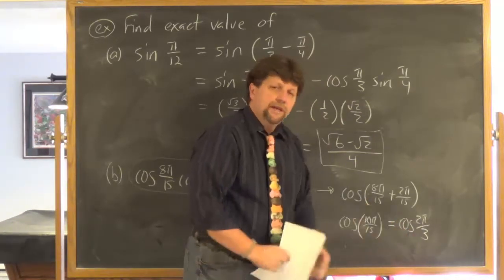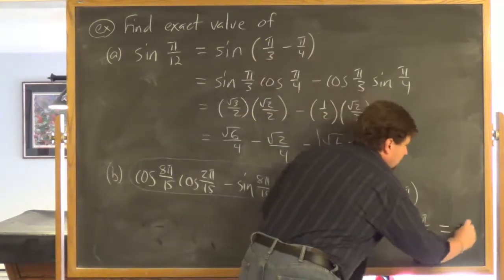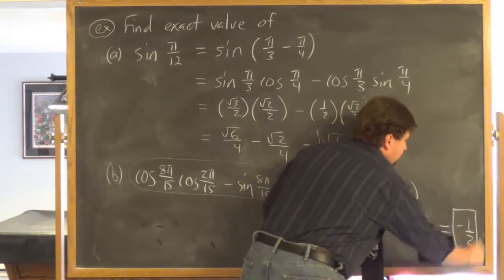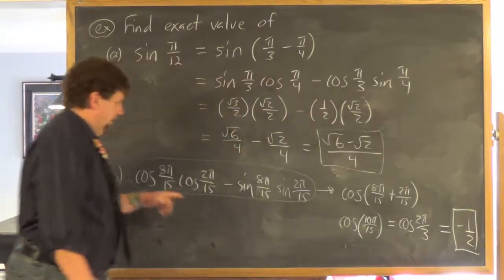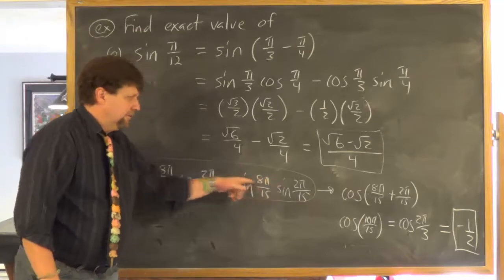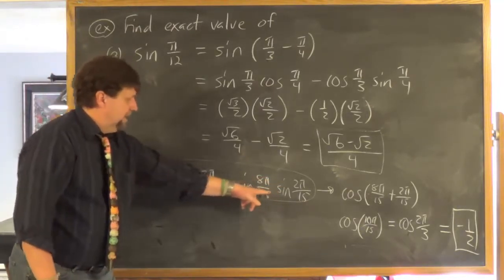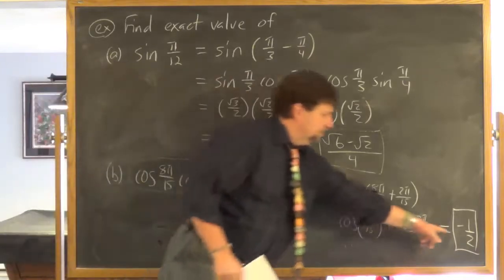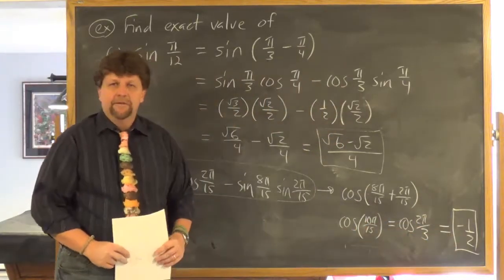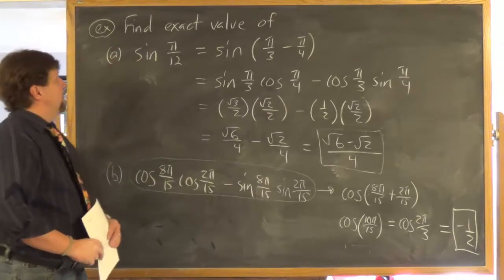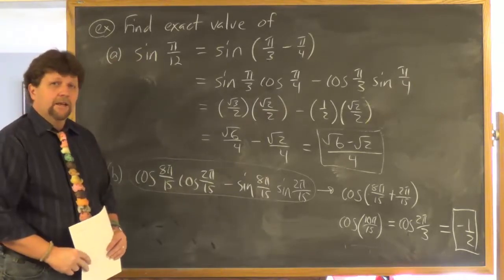We know the cosine of 2 pi over 3 is negative 1/2. So the exact value of this mess was found by using the sum identity, and the exact value is negative 1/2. So that's it for that example.